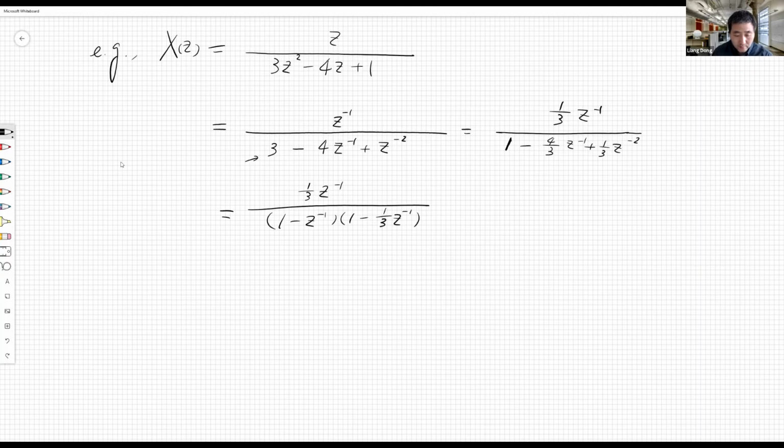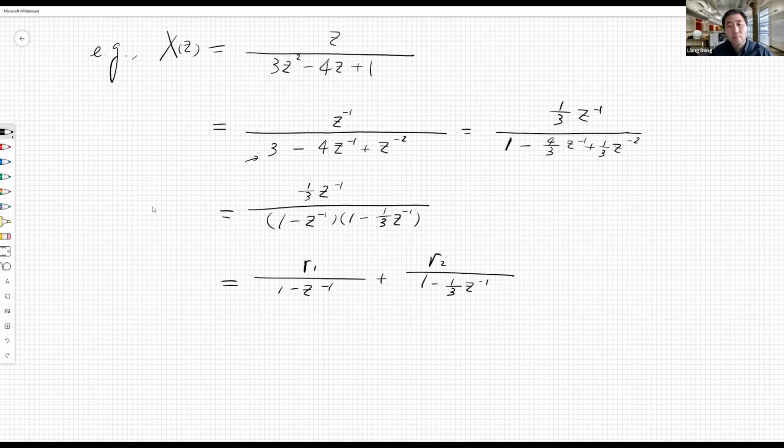And then I can write it into two parts. Let me call this residual R1 over 1 minus z to the power negative 1, plus residual R2 over 1 minus 1 over 3 z to the power negative 1. Okay, so I got two poles, 1 and 1 over 3. I put that into two parts. I want to find the residuals R1 and R2. Those are two constants.